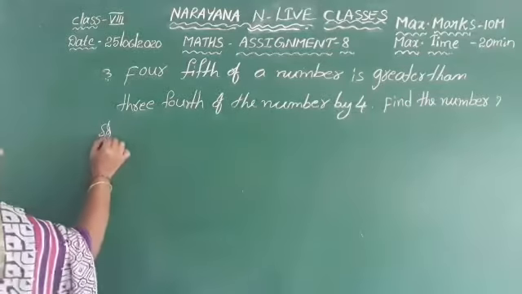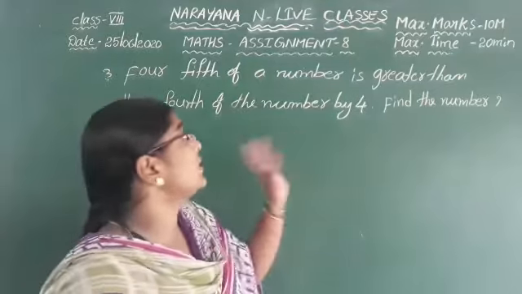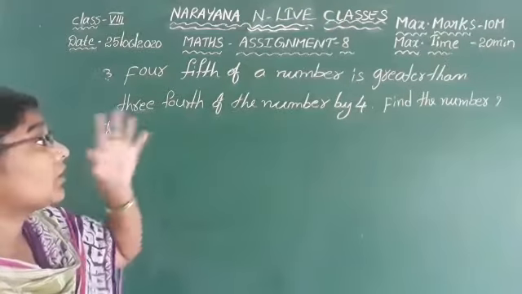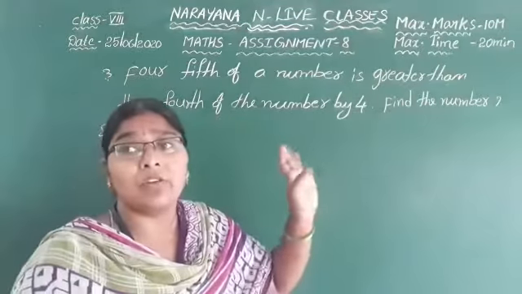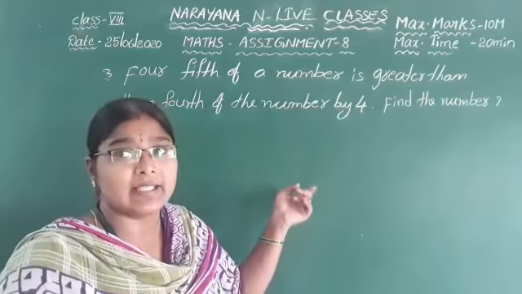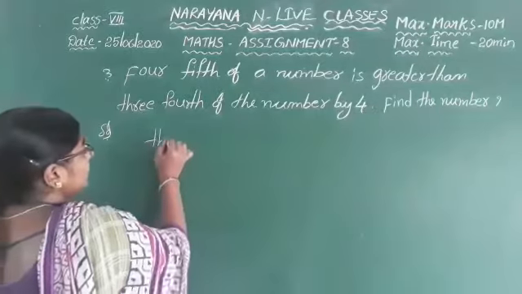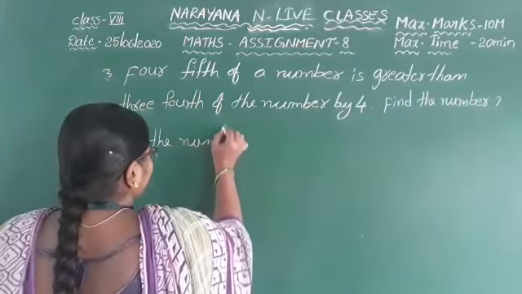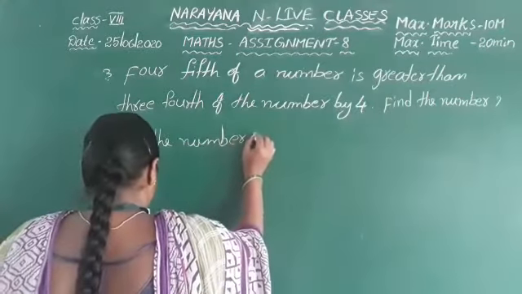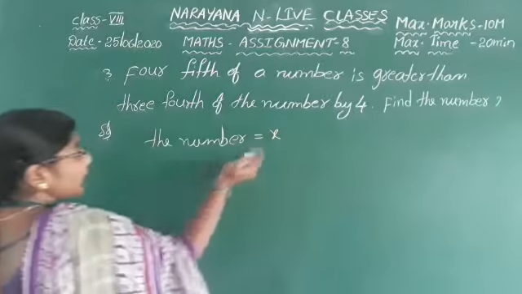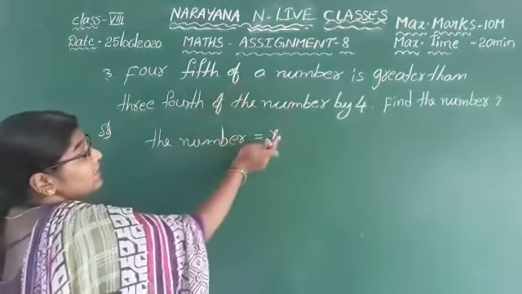So here, see all of you, 4/5 of a number is greater than the 3/4 of the number by 4. Find the number. Here we don't know the number, so we take the number to be x. So how much is 4/5 of the number in terms of x?